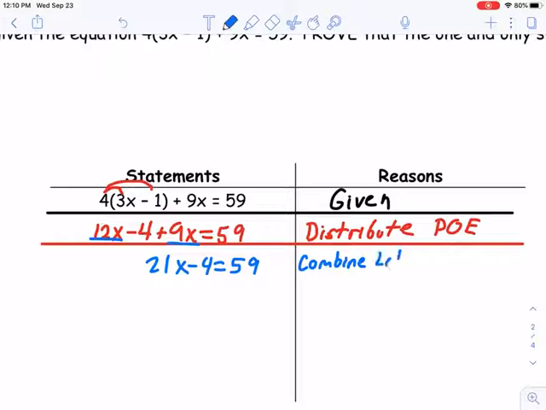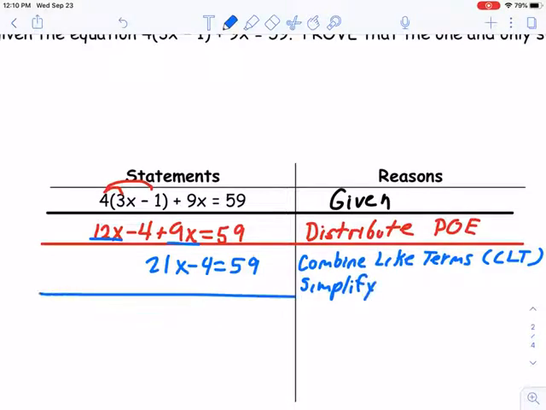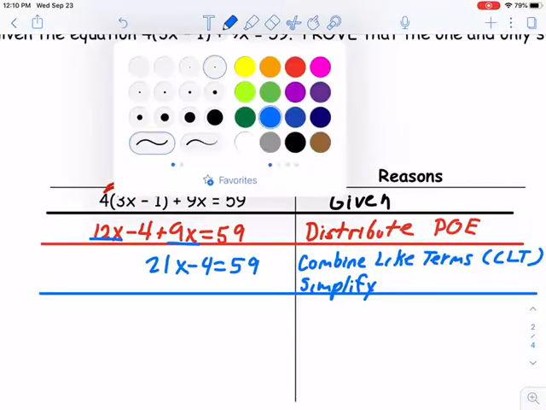We can write CLT. I know what CLT means. It doesn't stand for cucumber, lettuce, tomatoes. It stands for combine like terms, or you might even see the word simplify. So that's just some stuff you can see. Me personally, if I was you, I'd write CLT.